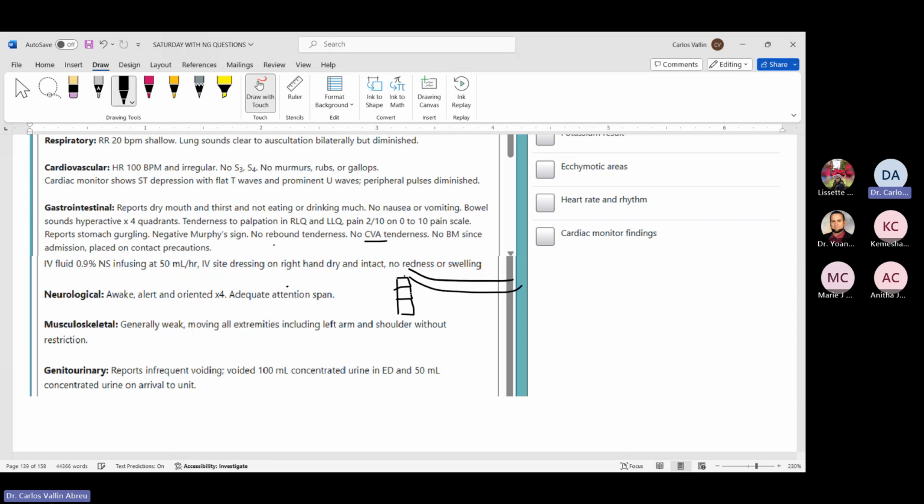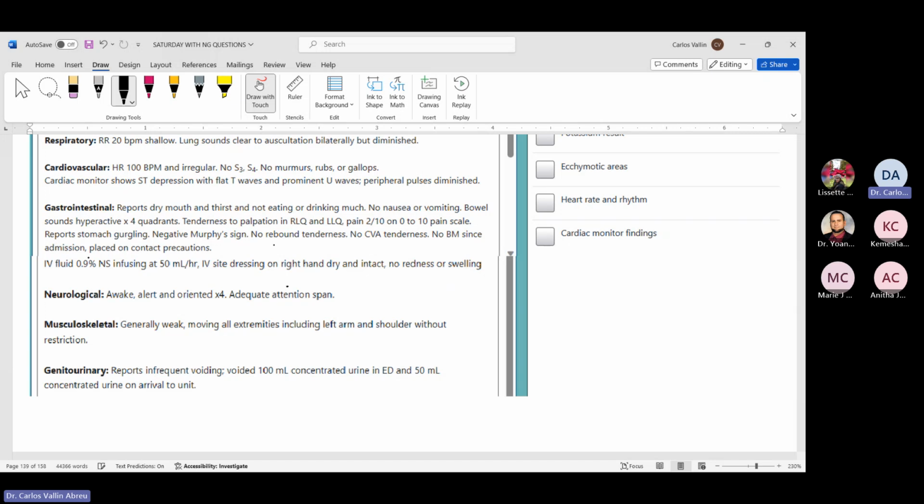This is called the costovertebral angle. What you have here are the kidneys. If the kidneys have inflammation, the palpation and the percussion of this area is extremely painful. So not having costovertebral angle tenderness says that the kidneys are okay.